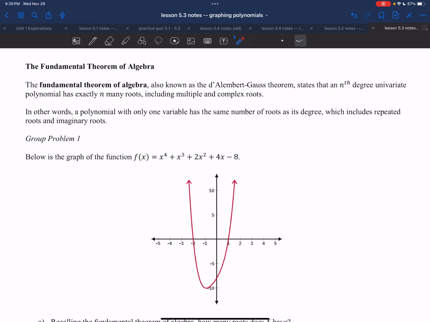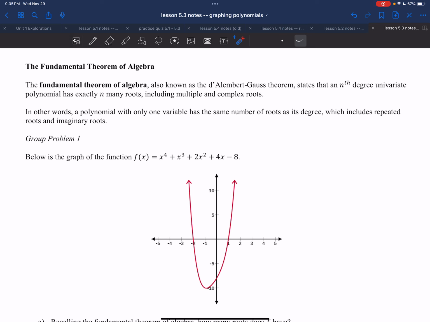Huh? Okay. Univariate means one variable. So x squared plus x plus 1. That's univariate. Only x is the variable. Multiple variables could look like this, right? That's a multivariable polynomial, which we're not really working with right now, okay?